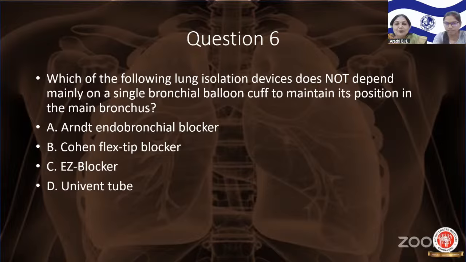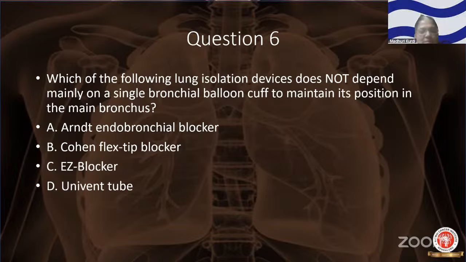If the people don't answer, Madhuri madam, we should give a class on bronchial blockers next time. Yeah, I think it is needed. Let them raise their hands. How many have seen an Arndt endobronchial blocker?